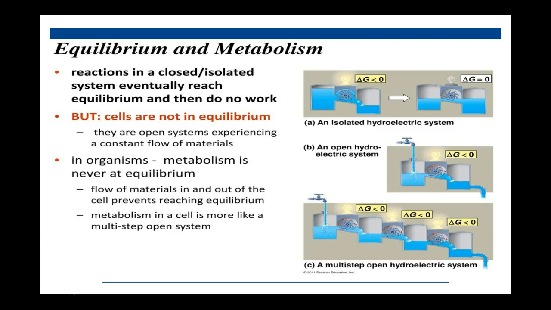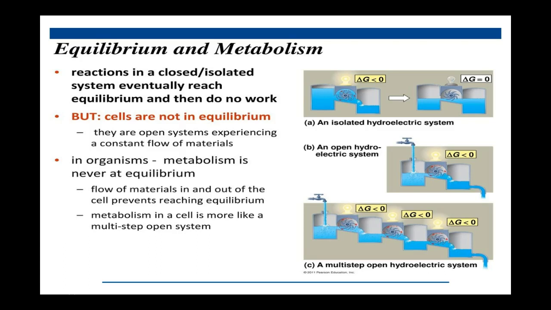This particular slide repeats what we've been saying, but it's always nice to repeat to get things in our head. Cells are not in equilibrium. They are striving for equilibrium. They're an open system. Flow of materials in and out of the cell prevents it from ever reaching equilibrium.